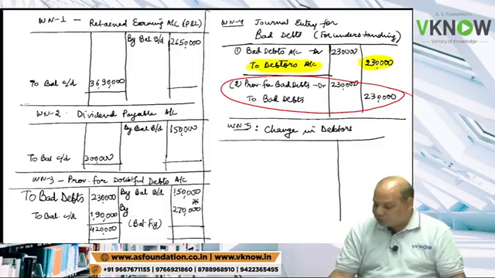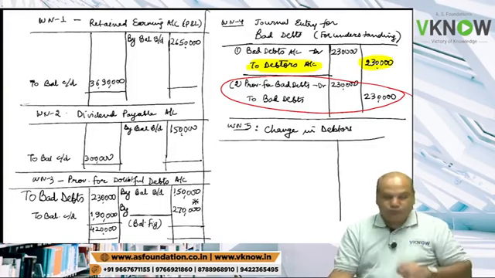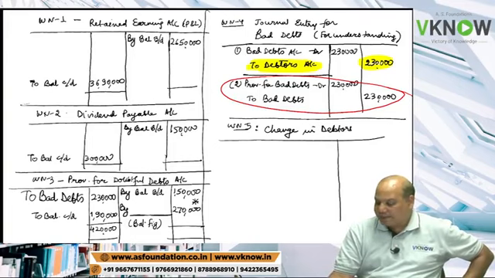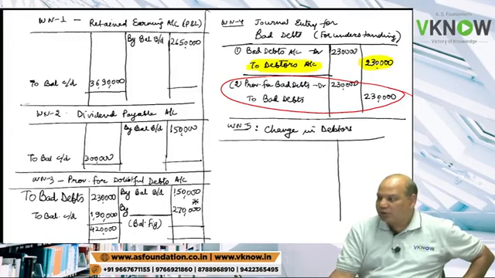The student will have to tell me by which account you will transfer it to. In provision for doubtful debt, if the balancing figure is on the credit side, what will you call it?